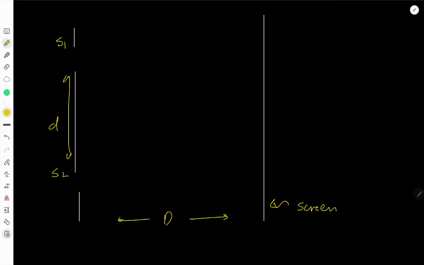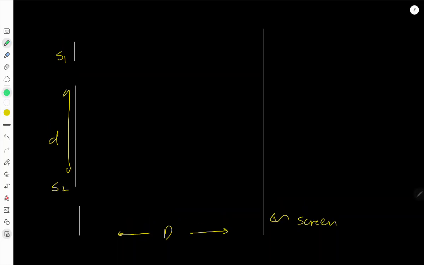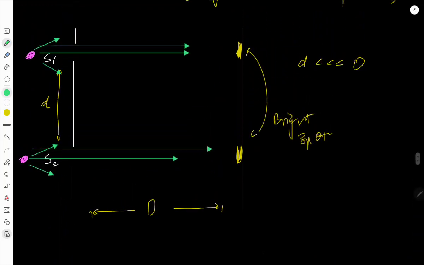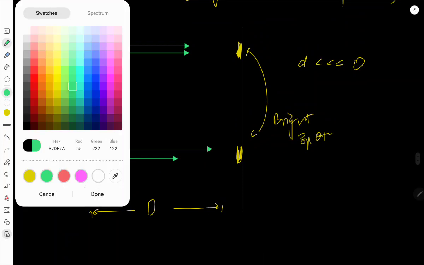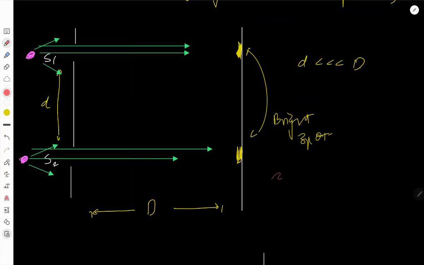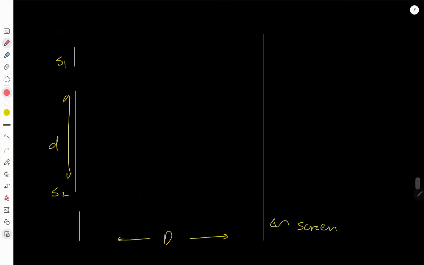Now, if we perform this experiment, the result was not this. The result came out to be different. The result was that there was an interference pattern.